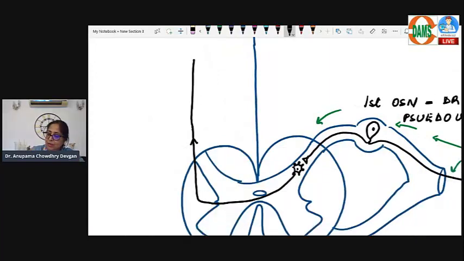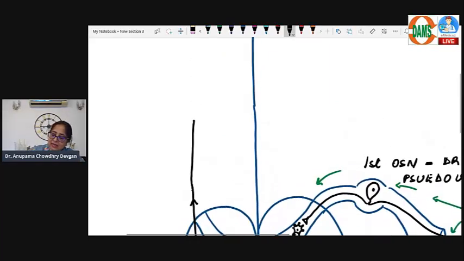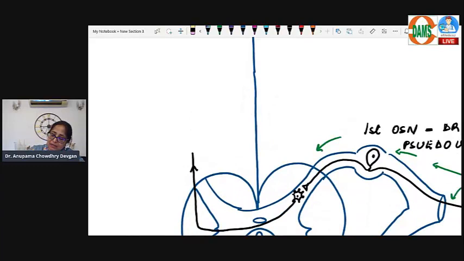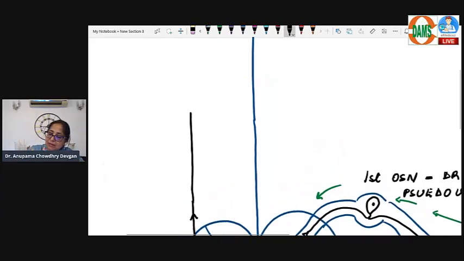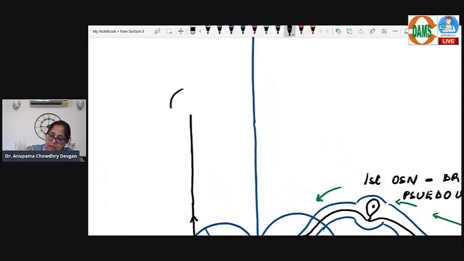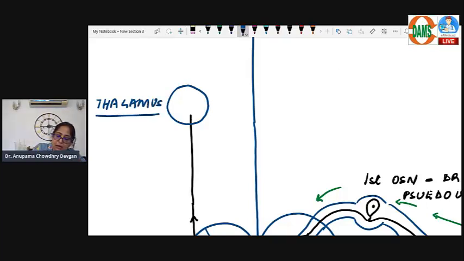They ascend upwards and they enter into the thalamus. So the second synapse will again be in the thalamus, and the nucleus of the thalamus which is involved is the ventero-posterolateral nucleus.